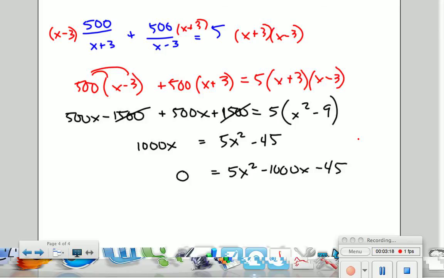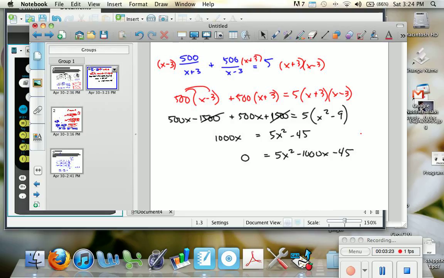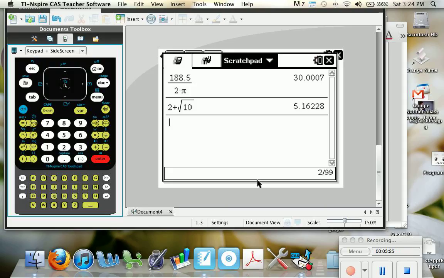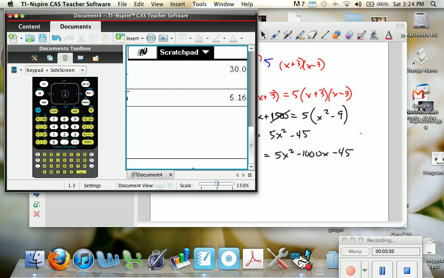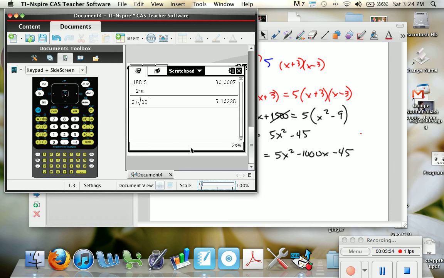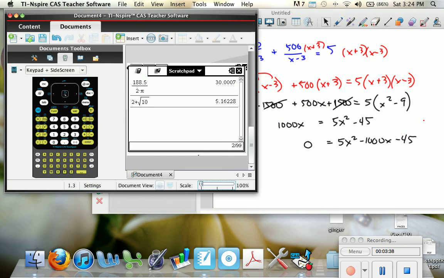So, I go into my calculator, and I'm going to make this smaller so we can see both. I'm going to do something Ian likes to do, so Ian, if you're listening, it's a shout out to you.